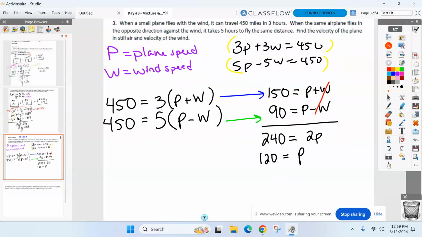How do I find the wind speed now? Plug it back in. Well, where do I plug it back in? I can go back over here, right? I could go over here and plug in 120.